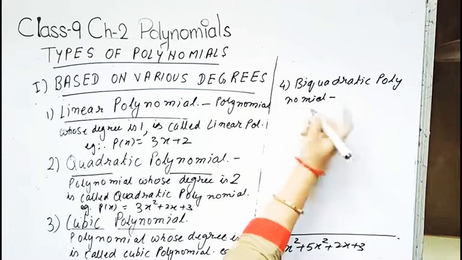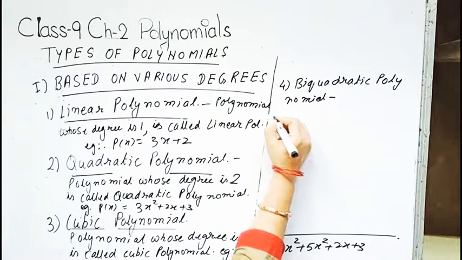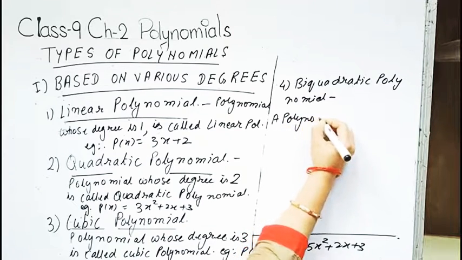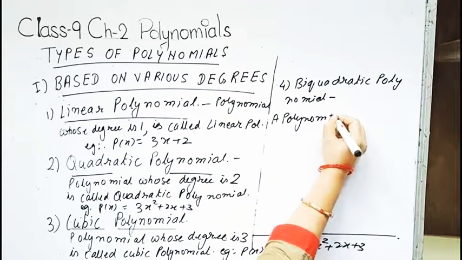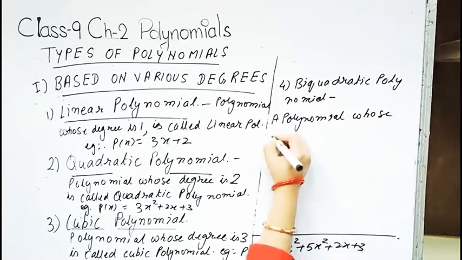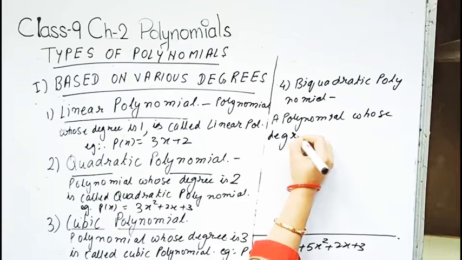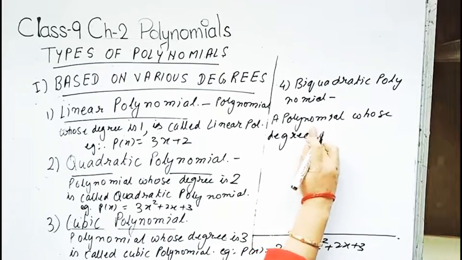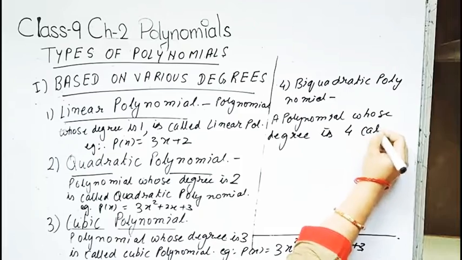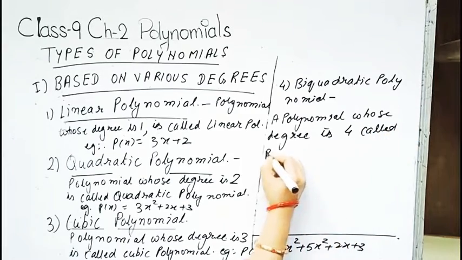Now let us go to biquadratic polynomial. A polynomial whose degree is 4 is called a biquadratic polynomial.